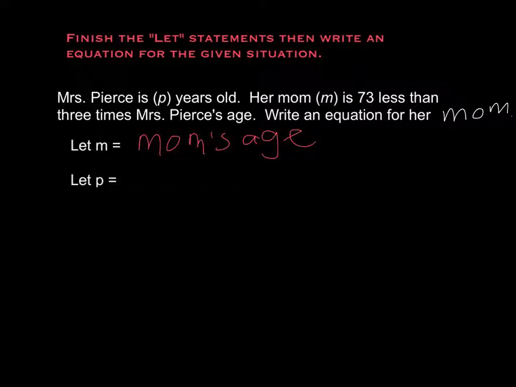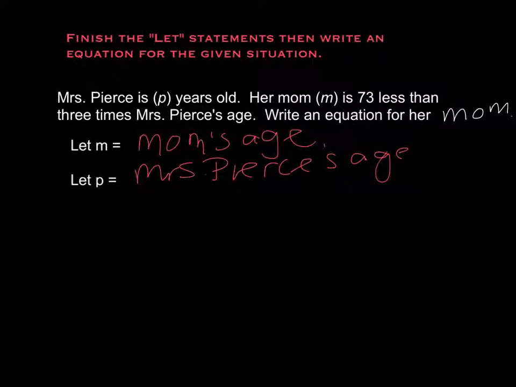And we're going to let P stand for Mrs. Pierce's age. And that's it. We don't have to solve, like when I say let M equal, that doesn't mean the answer. That just means tell me what the M in my equation is going to stand for.